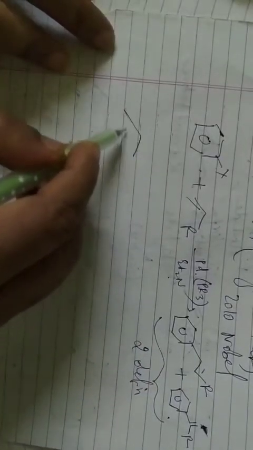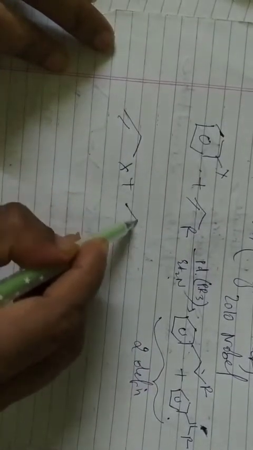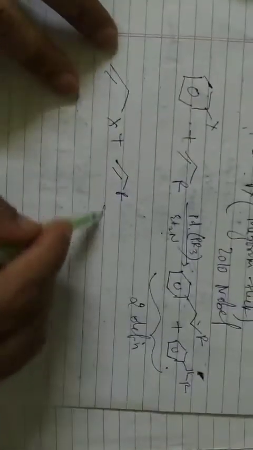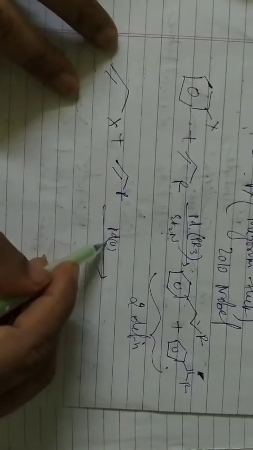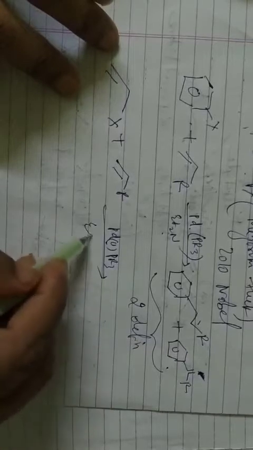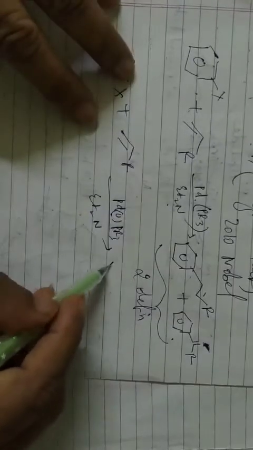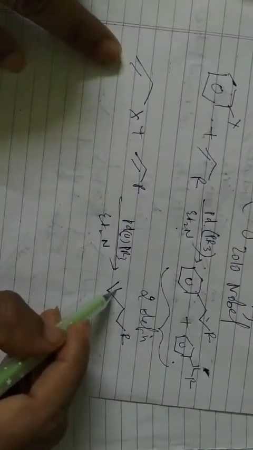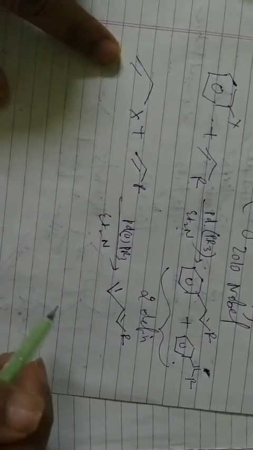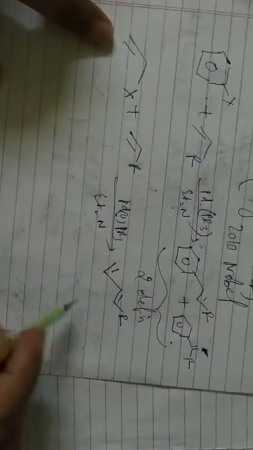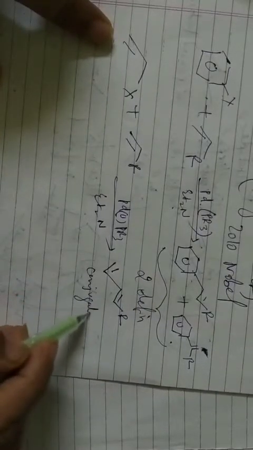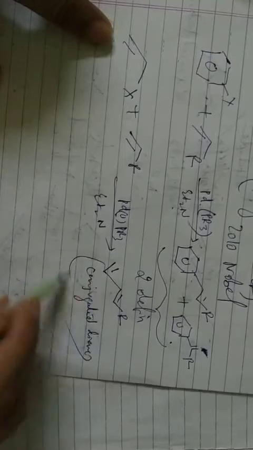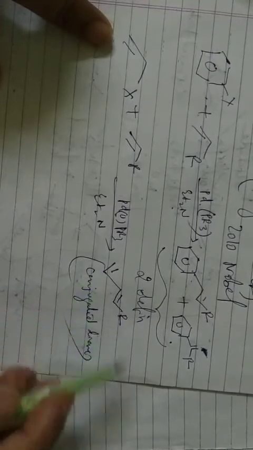Similarly, one more you can take, in the presence of palladium 0, PR3, Et2N. You are going to see this one double bond, another double bond, so a conjugated diene is obtained here, like this: double, single, double.